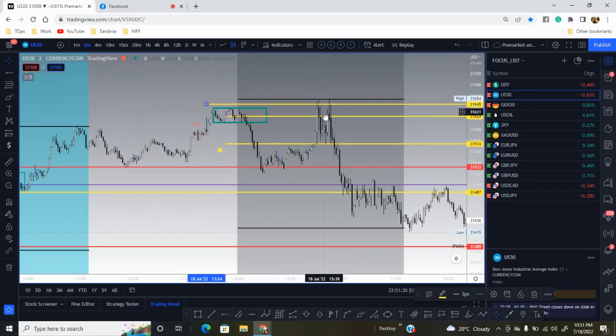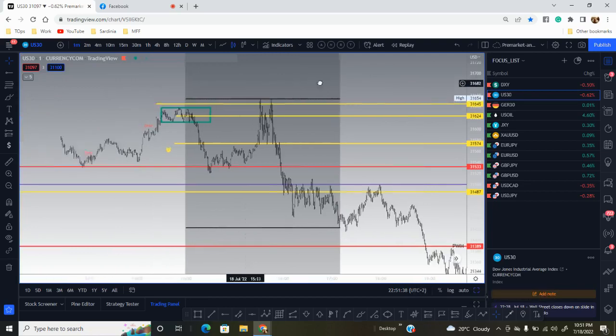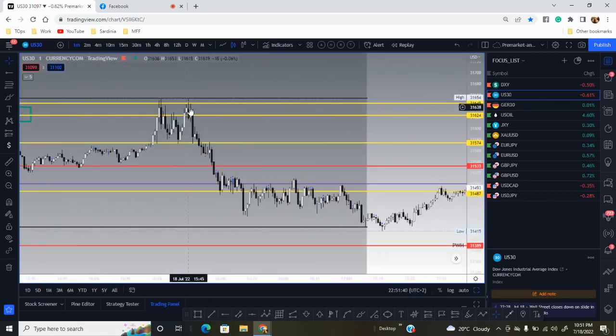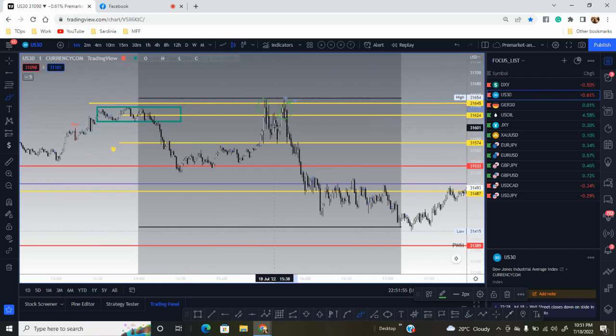So, na-stop out yan. But, when I saw this pattern, one, and then another push to the upside, then nagkaroon ng bearish pattern here. So, this is double tops now. First top and the double tops with the engulfing bearish. So, sinort ko ulit yan. Kaya, medyo nagkaroon ako ng winning trades on my second attempt.